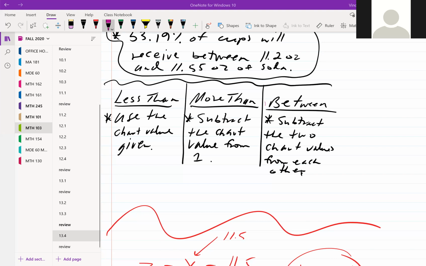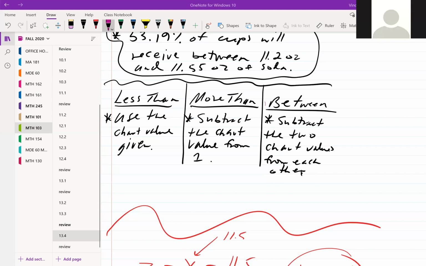This is the only one like that. This one gives you the area and asks you to find the z-score that corresponds to that.